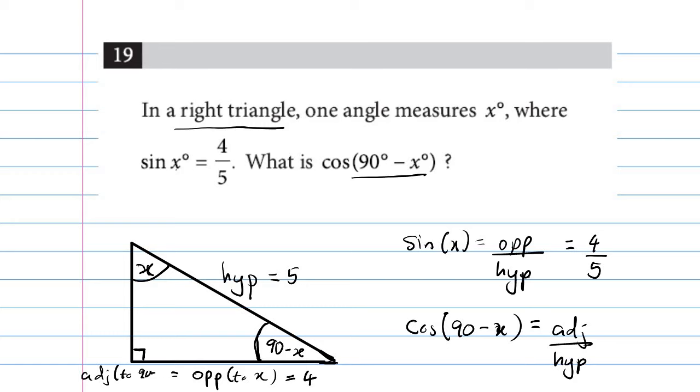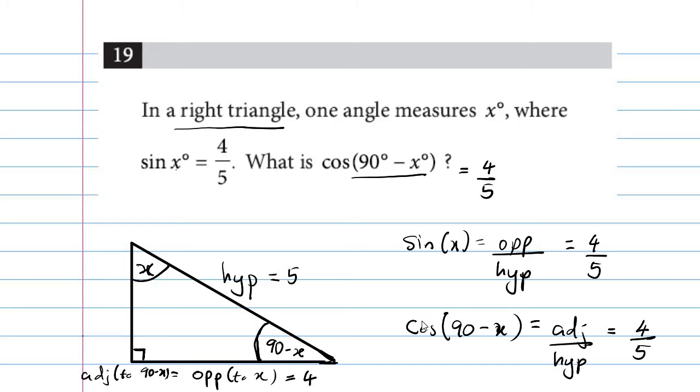So this is the adjacent to 90 minus x. The formula is adjacent over hypotenuse. So we have adjacent here, which is 4, and again 5. The hypotenuse won't change, it will be just 5. So cosine of 90 minus x is going to be 4 over 5, the same thing as sine x.